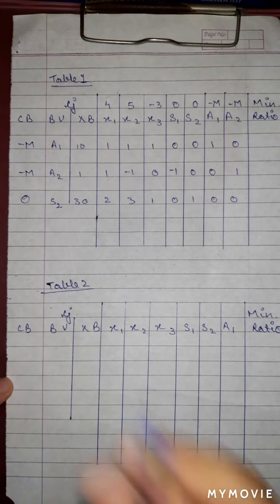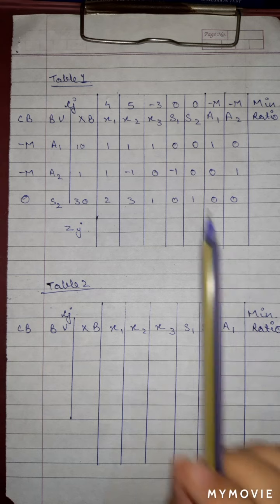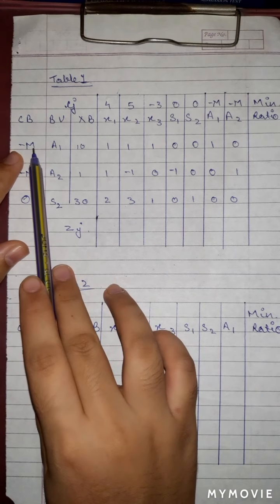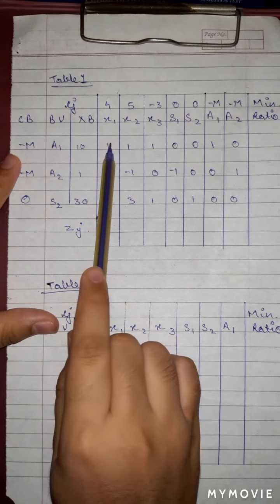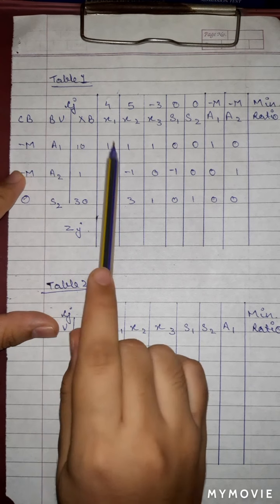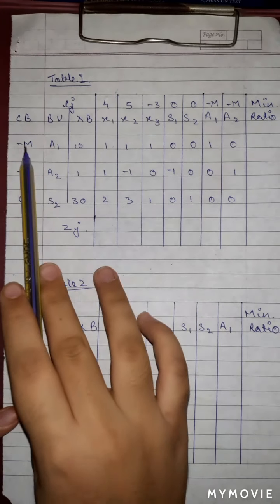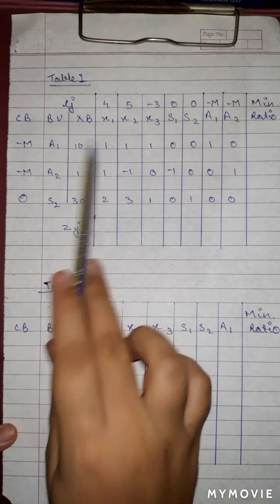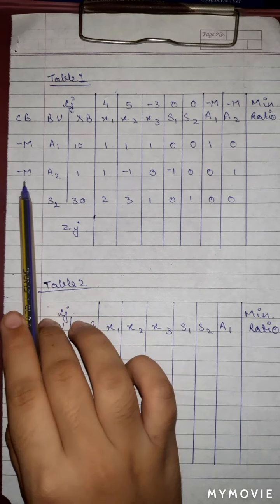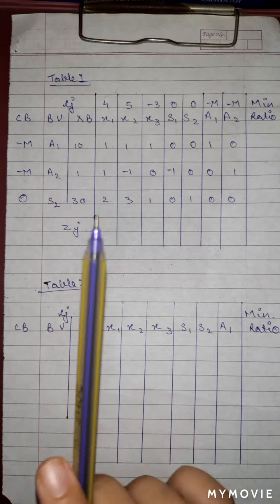Now we are going to calculate Zj. How to calculate Zj? -M multiplied by this plus -M multiplied by this, multiplying these and adding these all. So -M into 1 is -M, -M into 1 is -M, 0 into 2 is 0.